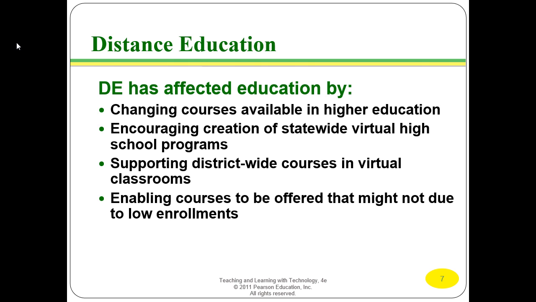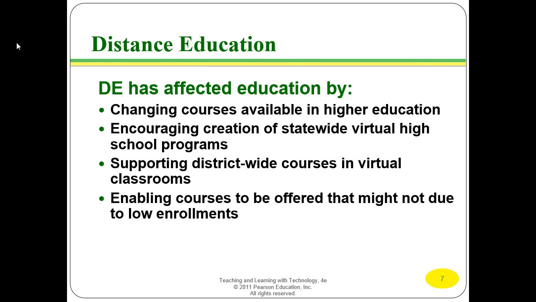It also enables courses to be offered that might not be able to be offered because of low enrollments. Obviously, for colleges and universities, the amount of students that are paying and sitting in the seats determines their funding, and so student populations are very, very critical to community, technical, and regular colleges.